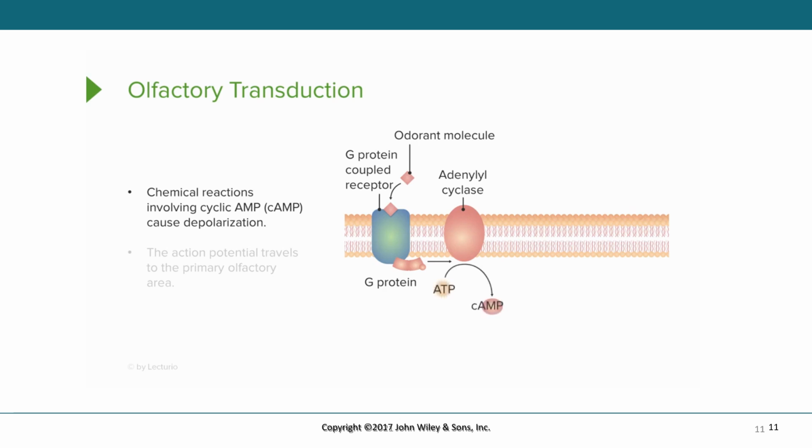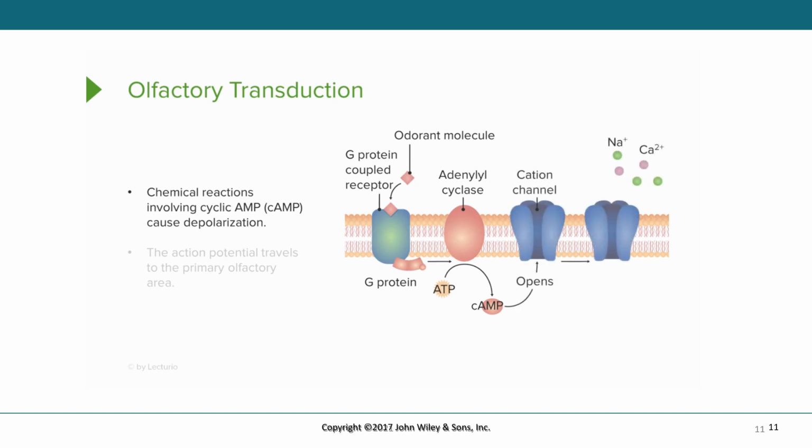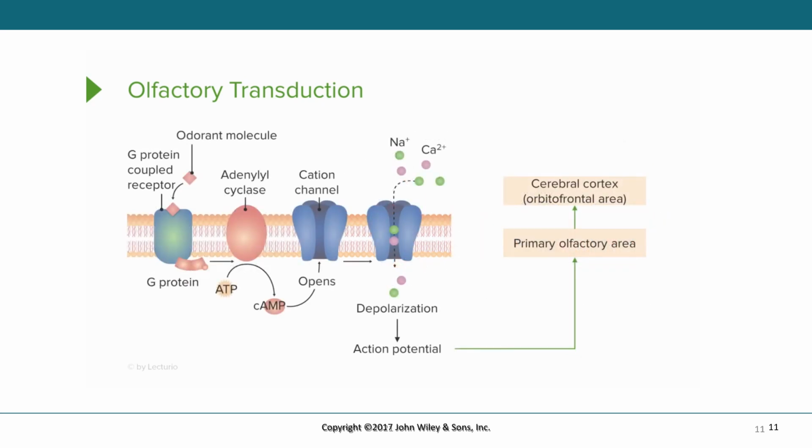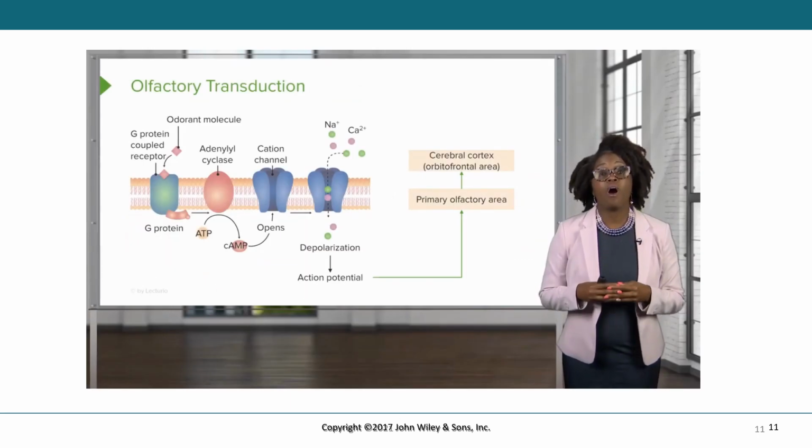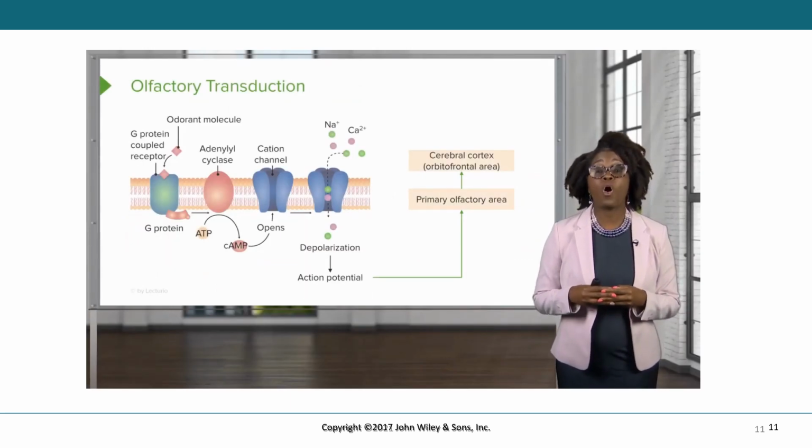The adenylyl cyclase is a membrane protein that catalyzes the reaction converting ATP to cyclic AMP. From there, cyclic AMP binds to and opens cation channels in the olfactory receptor cell. This causes an influx of sodium and calcium, which leads to the depolarization of the receptor cell. This causes an action potential to propagate to the primary olfactory area of the cerebral cortex. All of this is going to happen by way of the olfactory nerve.